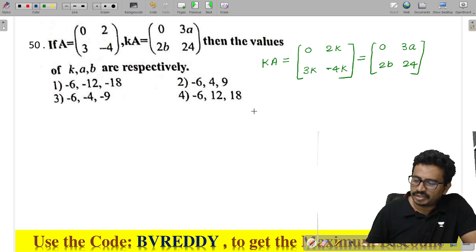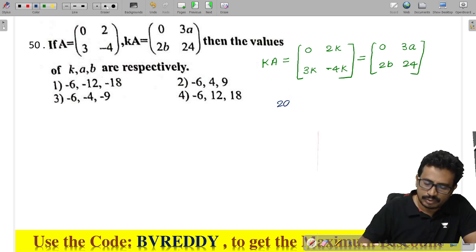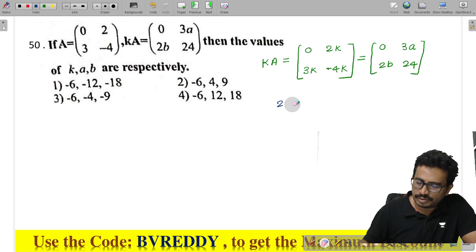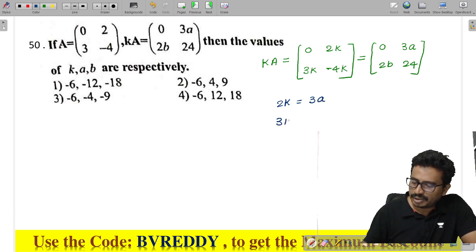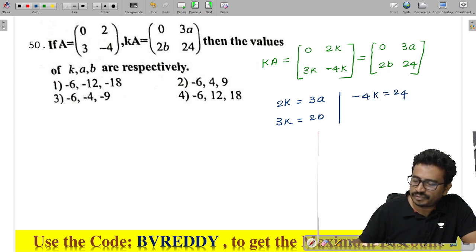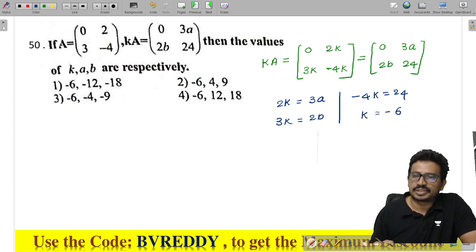Now by equating element-wise, what can I say? 2K is equal to 3A. Next, 3K is equal to 2B. And then minus 4K is equal to 24. From this, K equals how much, you tell me? Minus 6.